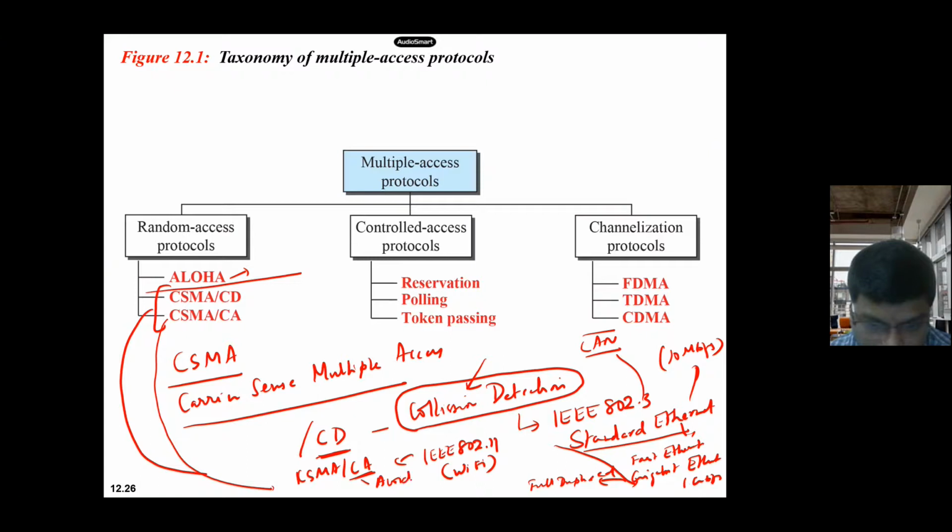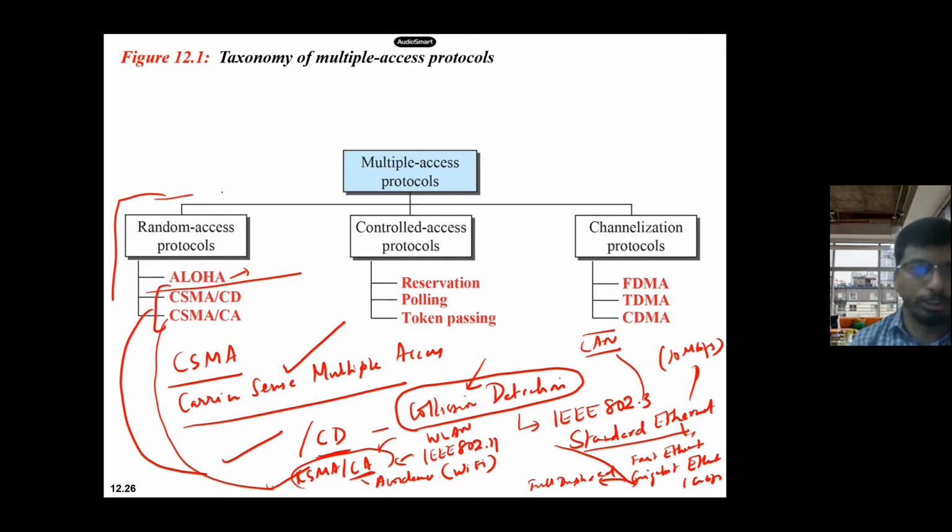Okay, so we will first discuss how CSMA works, and then we will later get on to how CSMA CD works, right? And then later we'll get on to the wireless LAN standard, where we'll focus on the MAC aspect of it, which is the CSMA CA scheme. So that's going to be the discussion for the first half of this lecture today.